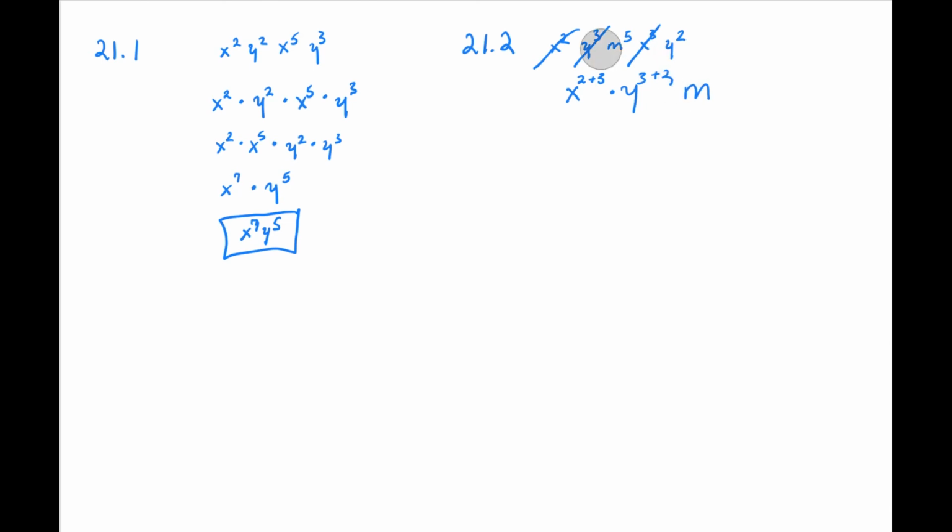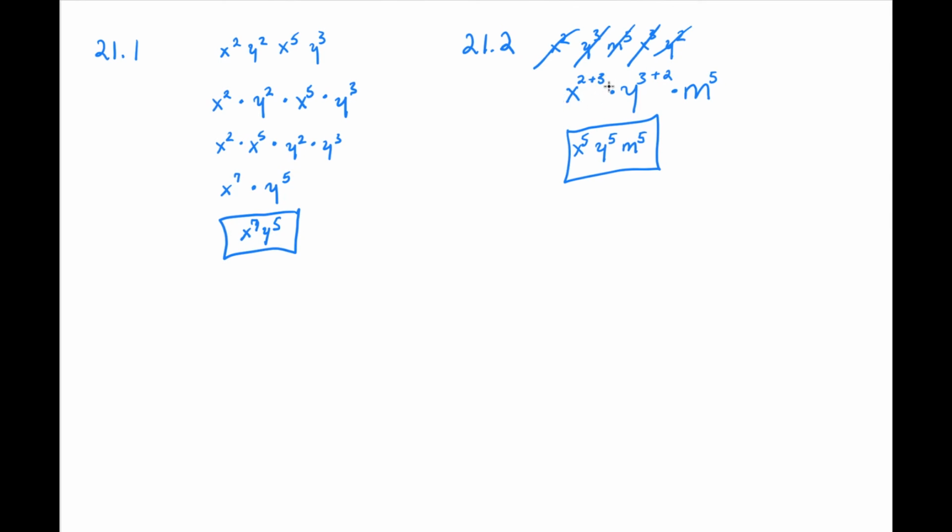My pen jumped around on that one, didn't it? Let's fix that. And then for m, all we have is 5. Now we can do the math. X to the fifth, y to the fifth, m to the fifth. And that is the answer.